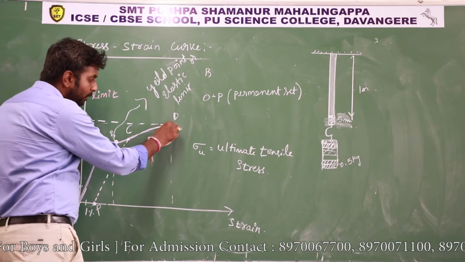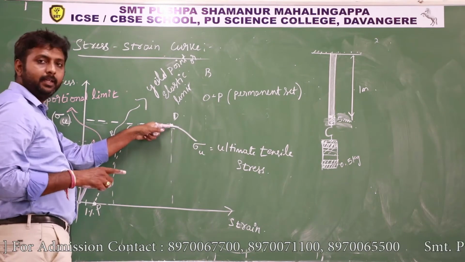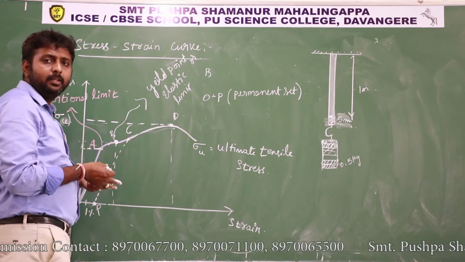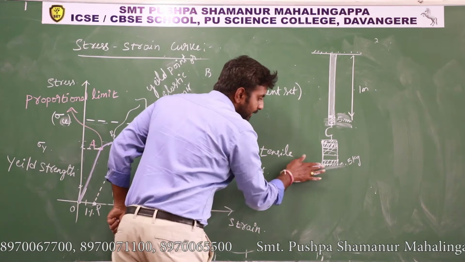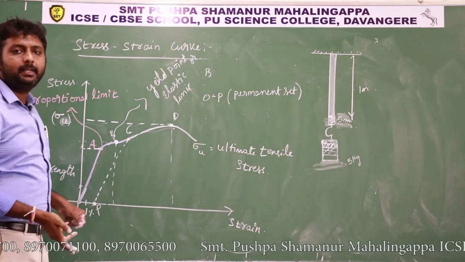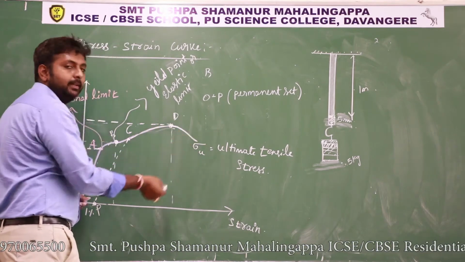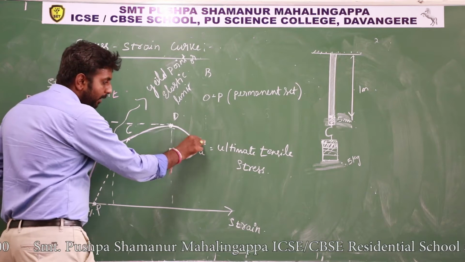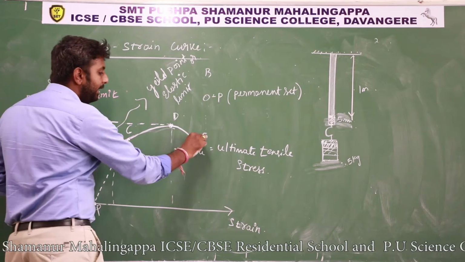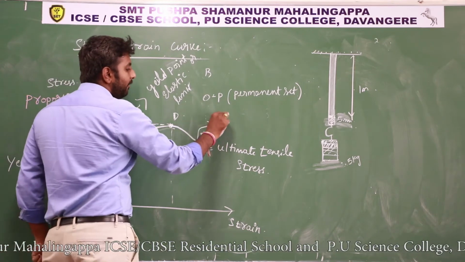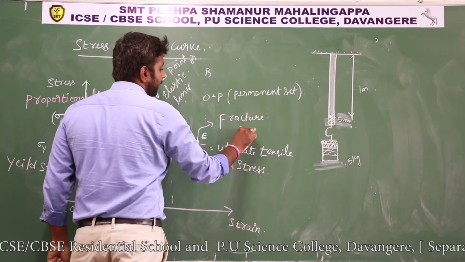Or even if you decrease some weight, you already added 8 kg, and you don't want to break that wire, so you want to save it. For that you remove 0.5 kg or 1 kg, but still it is not going to be saved. Finally, at some point E, this wire or rod is going to break, and that point is called the fracture point.